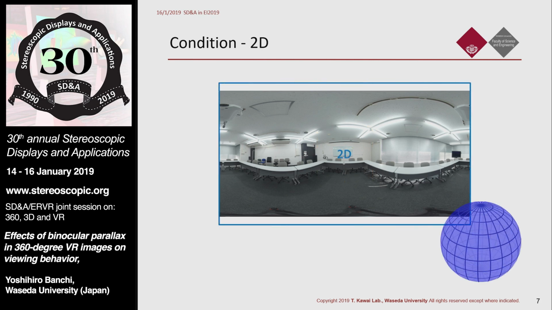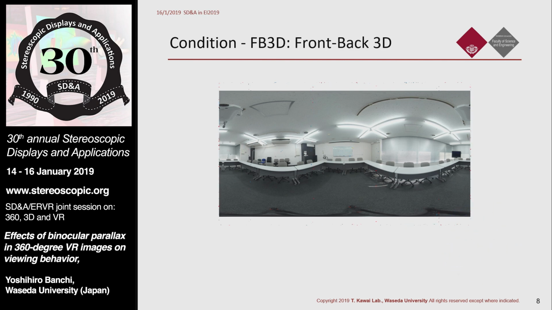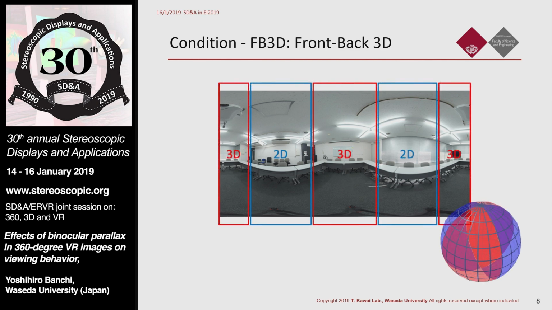In the 2D condition, the image for the left eye was displayed on both eyes so that there was no parallax. In the front-back 3D condition, here FB3D, it divided 90 degrees horizontally on the whiteboard, set the 90 degrees of the front and back to 3D and 90 degrees of left and right to 2D.